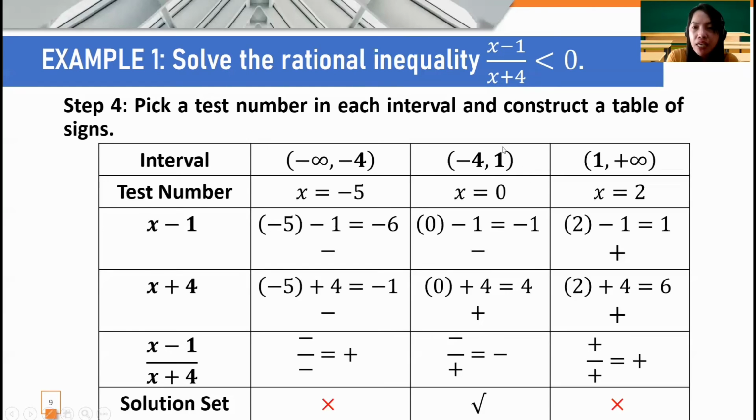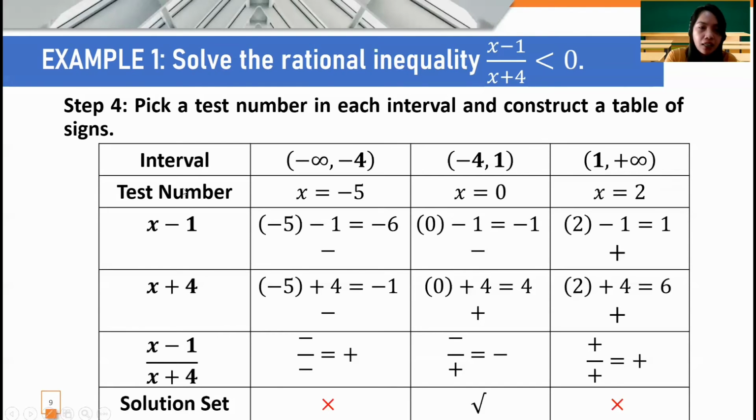Okay. You can have here negative 0.5. Nandito pa din siya sa interval na to. And last, test number, we can have here in this interval positive 2. We can have here 3, 4, 5, or even 100, as long as that number is inside this interval.